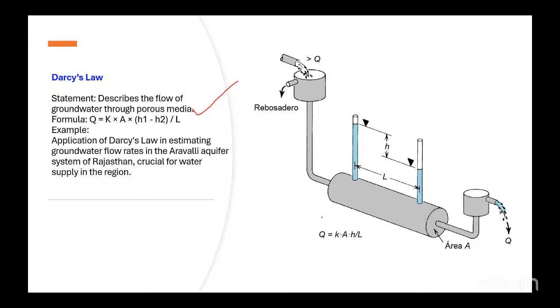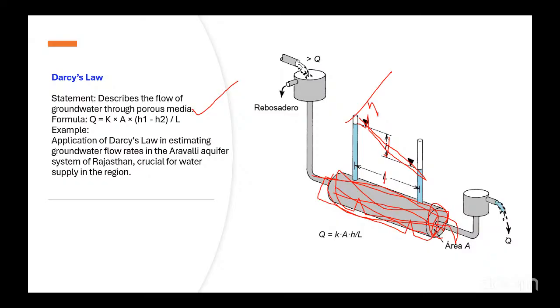Here you can observe, if you take this as one geological rock formation or some porous medium, some aquifer, this is the H and this is the L. H is H1 minus H2. This is the head loss between the first and second points, the difference. So H1 minus H2 is the head loss, or H. And this is the circular part, the area of this porous media, or this aquifer system.